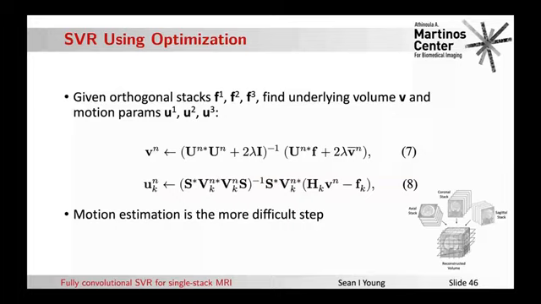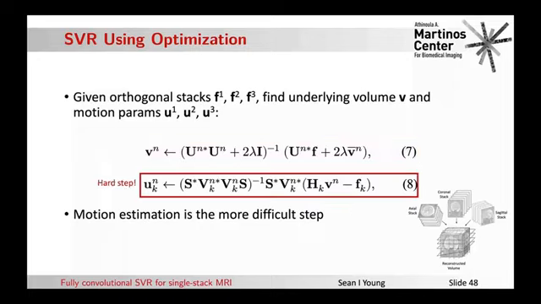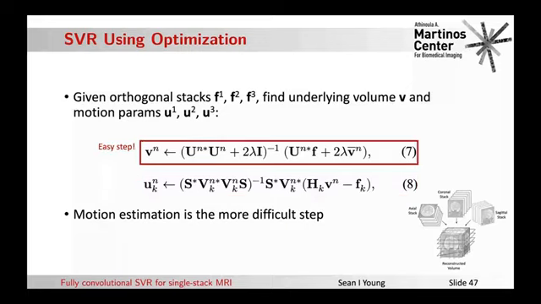I'm not going to bore you with the details of these equations, but the more difficult step is to estimate the motion of the individual slices, rather than using the motion to reconstruct the 3D volume.